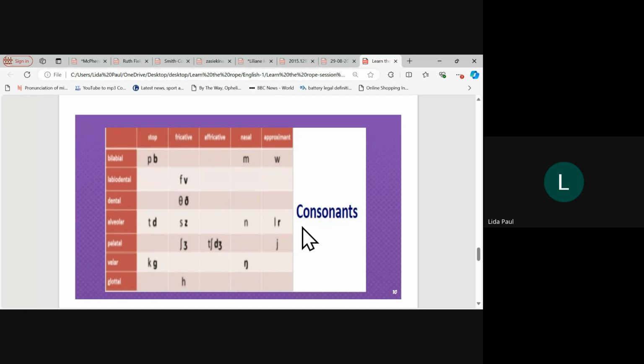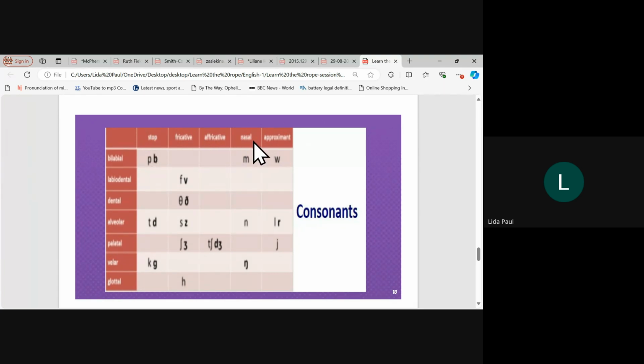Okay. All right. One more thing, it would be interesting for you to know that the stop sounds have several names. I told you another one, which is plosives. They're also called obstruents. All of these categories: stop, fricative, affricative.